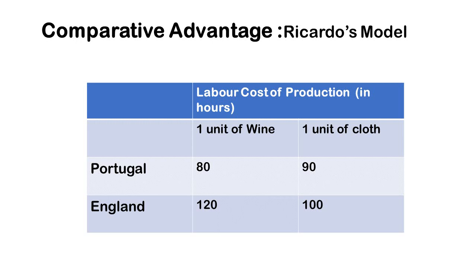So in this example, according to Ricardo, Portugal has a comparative advantage in the production of wine and England has a comparative advantage in the production of cloth. According to Ricardo, for having mutually beneficial trade, absolute advantage is not required, only comparative advantage is required.